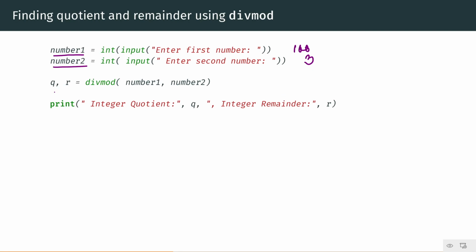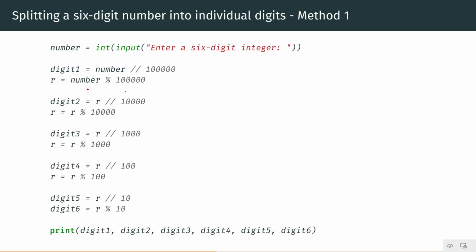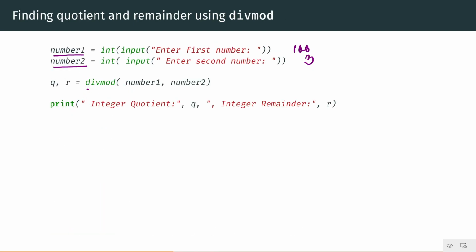Now the way divmod works is, when you call this function divmod, you pass the first number and then you pass the second number, which divides the first number.